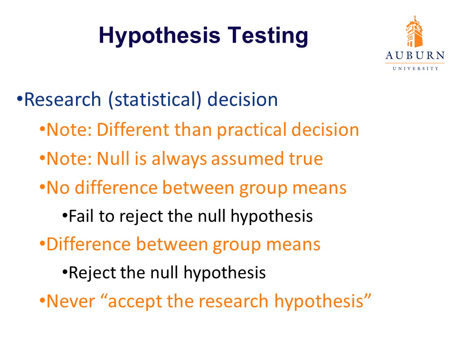Now the support or lack of support that we find for our research hypothesis is related to the research decision, or what's called the statistical decision. The research or statistical decision is based on the math that we conduct with our statistical tests, so the numbers that we calculate. Note that this is different than the practical decision, and we've talked about that several times already in class.